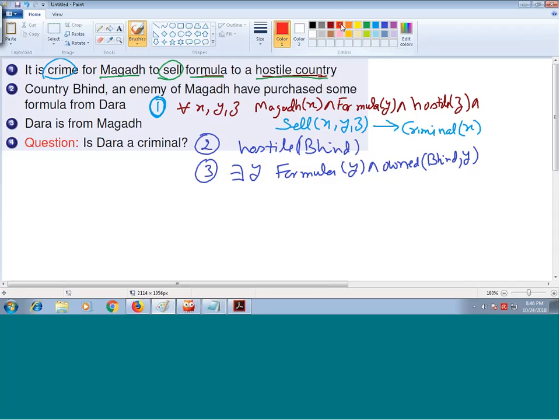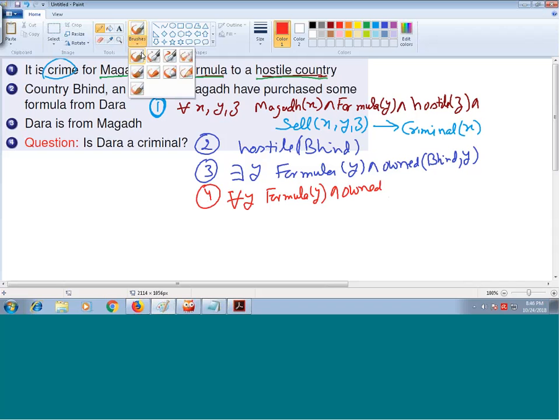And next, where did this formula come from? Fourth information: for every Y, if it is a formula and it is owned by Bhind, it implies that there is a selling involved, and who has sold it to him?